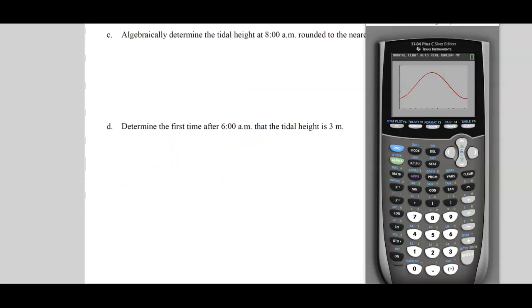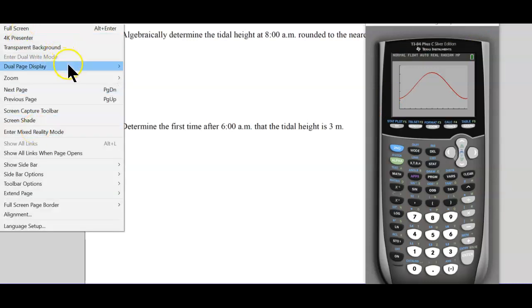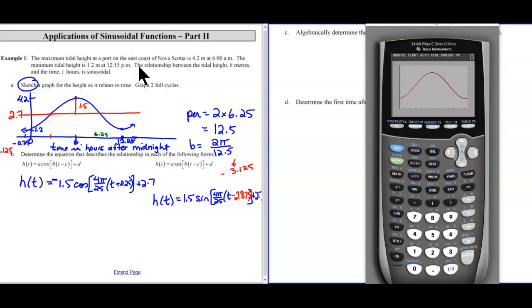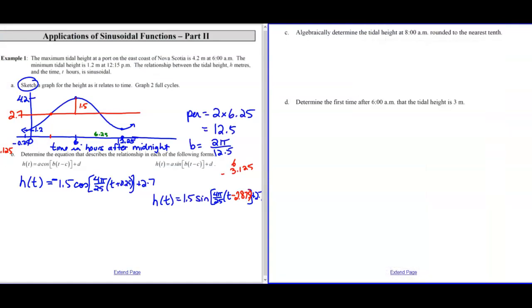Okay, algebraically, so this says algebraically, so we have to use our equations. Determine the tidal height at 8 a.m. So I'm just going to dual page so I can see the equations. Okay, it doesn't matter which one, I'll use the cos.